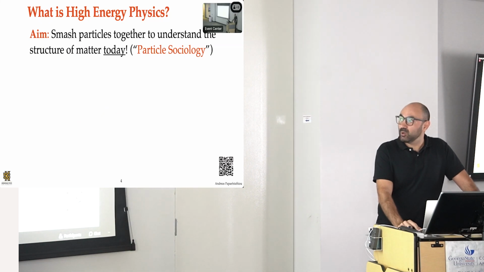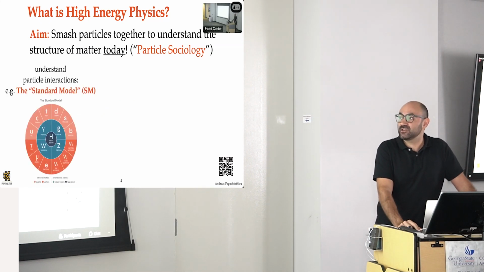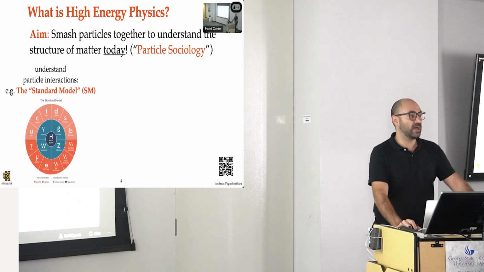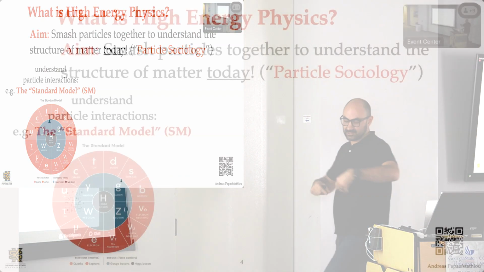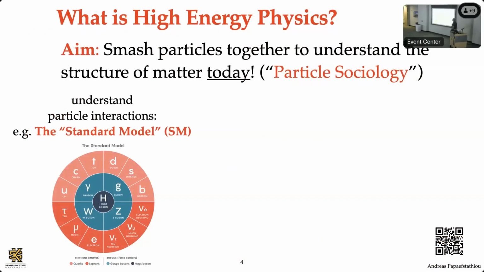So what do I mean by understanding the structure of matter today? Well, understanding what particles nature comprises of, and how they interact with each other. And okay, this is a nice graph showing what is called the Standard Model of particle physics. So these are the known particles. I won't go into the details of these.